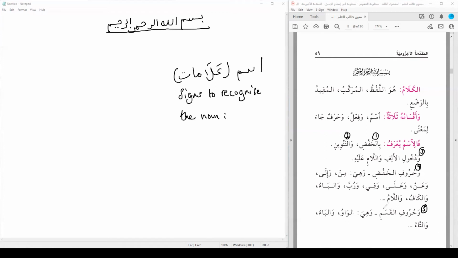So what are these signs? فالاسم يعرف بالخفض. So the first sign is الخفض. الخفض يعني الكسرة.